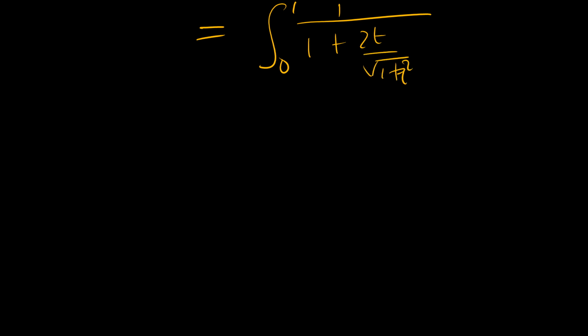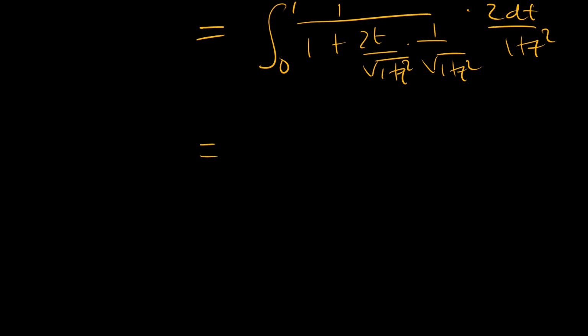So we have 1 over 1 plus 2t over square root of 1 plus t squared, 1 over square root of 1 plus t squared, 2 dt over 1 plus t squared.